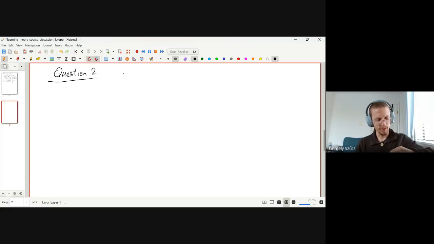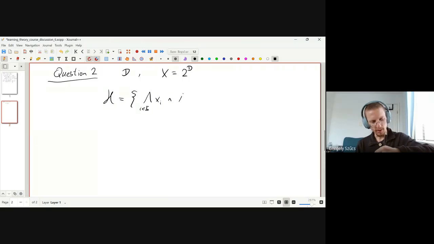So the setup was we have a set D, and then we take our domain to be just binary evaluations over D. And then our hypothesis class was of this form, where we take conjunctions of some variables along with the conjunction of negations of some variables, for some subsets.